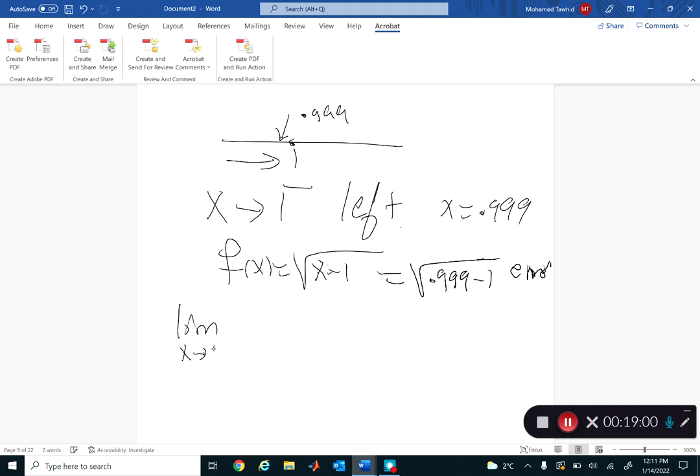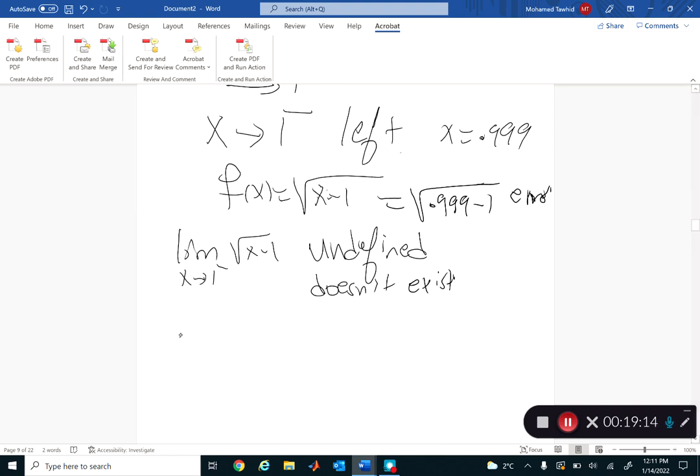Which means your left limit, when x is close to 1 from the left, is undefined. Undefined means does not exist. Your left limit does not exist, and this concludes that the limit itself, as x close to 1 of square root of x minus 1, also does not exist because your left limit does not exist.